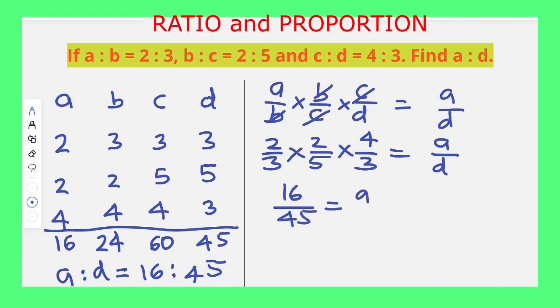This is A upon D. Thus A ratio D equal to 16 ratio 45. This way we can find the A ratio D easily, getting our answer. We go to the next question.